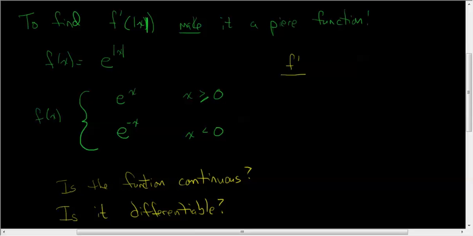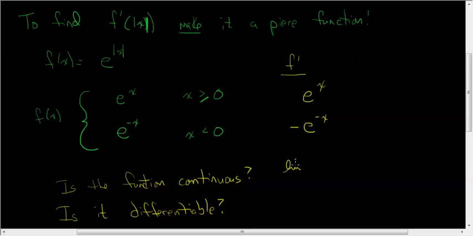So what's the derivative of that? Derivative of e to the x is e to the x. Derivative of e to the negative x is negative e to the negative x. Now, is this function continuous? How do I decide that?